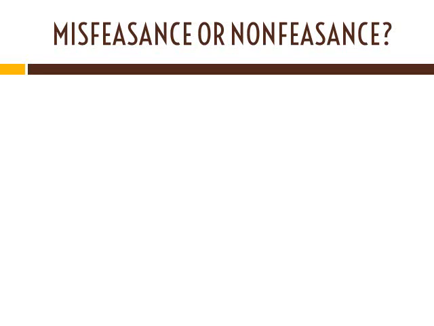So we've talked some about misfeasance and nonfeasance. Misfeasance being when somebody takes an affirmative act that is negligent, and nonfeasance being when somebody should take an act or should do something and fails to do it. Both kinds of negligence can support but-for causation.